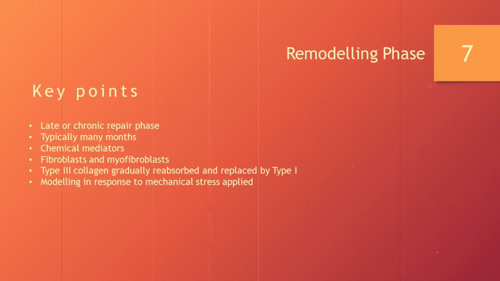Type 3 collagen is replaced by the stronger, more insoluble, more permanent type 1 collagen, with different tissues, muscle, tendon, ligament, fascia, skin, having different functional and structural requirements. Cross-linkages throughout the fibres occur more readily as fluid content in the area is reduced.